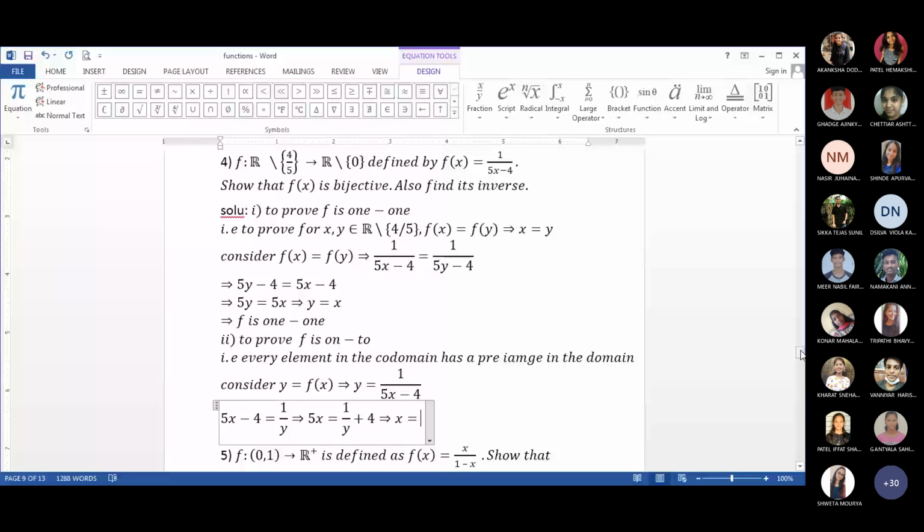Yes. Can you tell what is the expression for x in terms of y? This much you can answer. These are basic arithmetic properties.